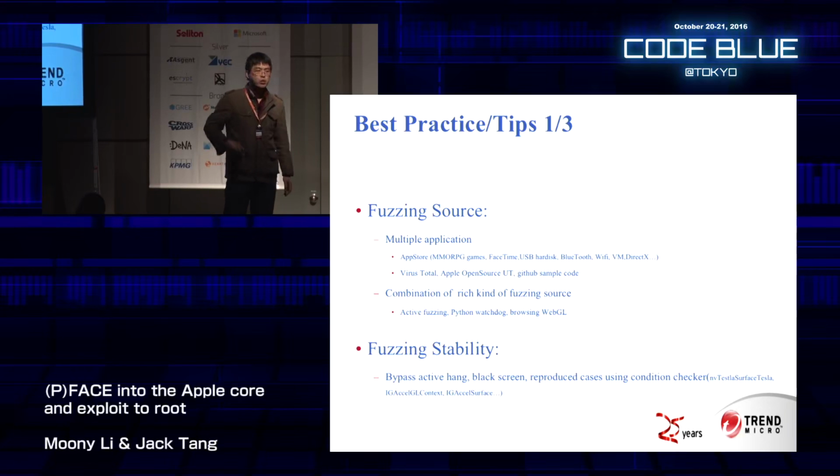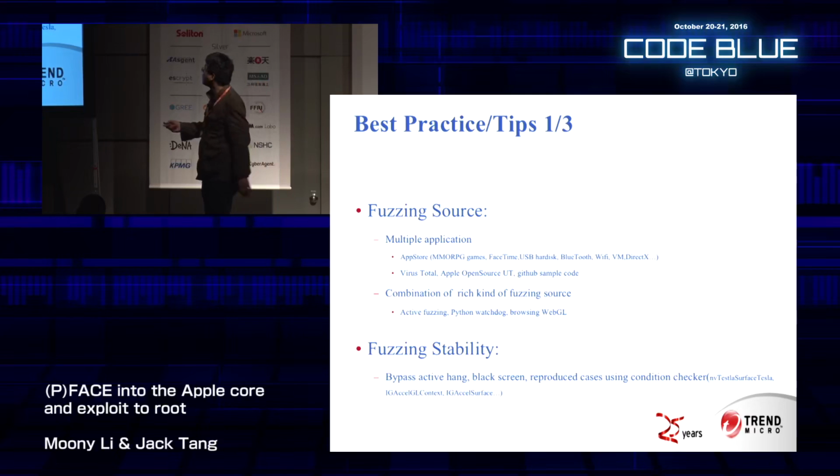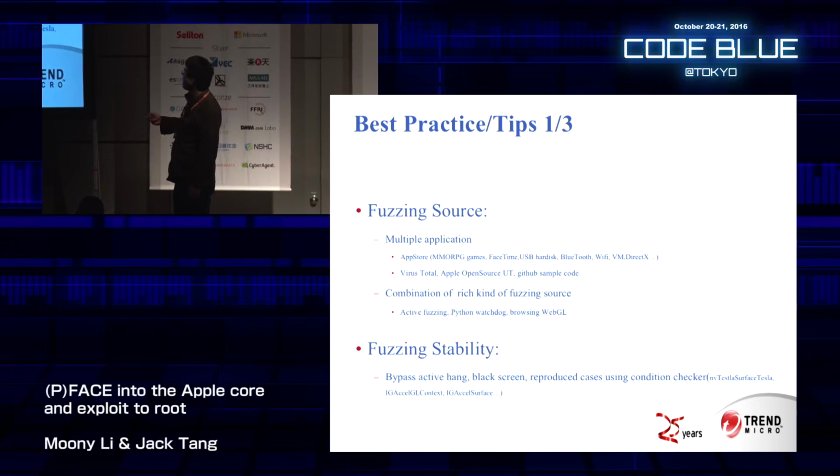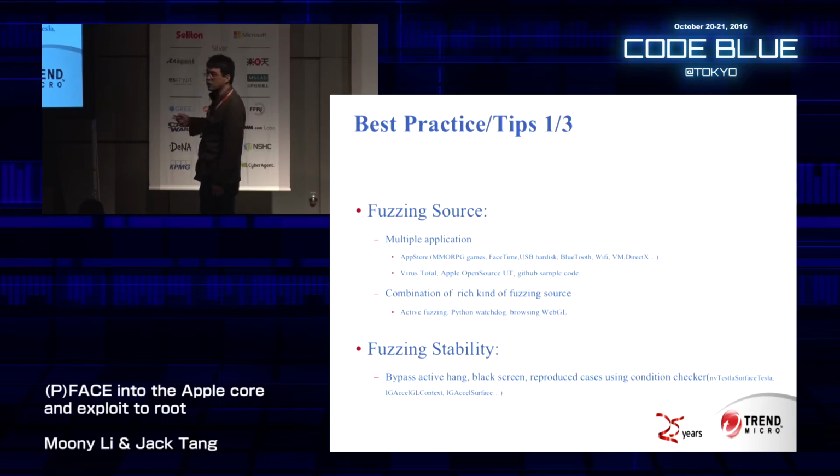Then you would have a high probability to get vulnerabilities. For example, you could download and run online games, FaceTime, USB related applications, Bluetooth, Wi-Fi, VMware virtual machines, DirectX related applications from the Apple Store. And also you could download different suspicious applications from different channels.